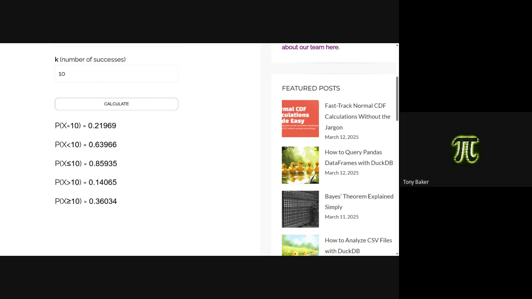Next one was less than or equal to 11. So 0.9730. And the last one was greater than or equal to 3. So almost 1 in that situation.